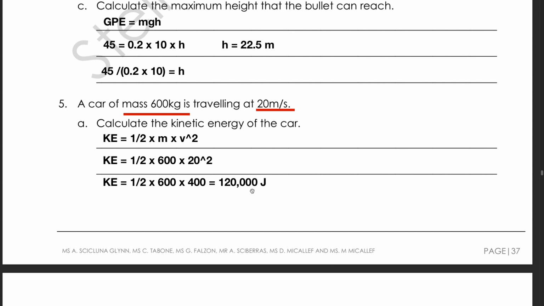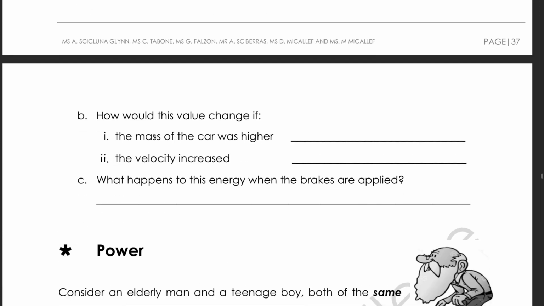Here, as you might have already realized, there are too many zeros, so I have to convert that value into standard form, which will be 1.2 times 10 to the power of 5 joules. Moving on to page 38. How would this value change if the mass of the car was higher? Now again, if we start off from the equation, which we know is 1/2 mv squared, if we were to increase the value of the mass, then the value of the kinetic energy will also increase.